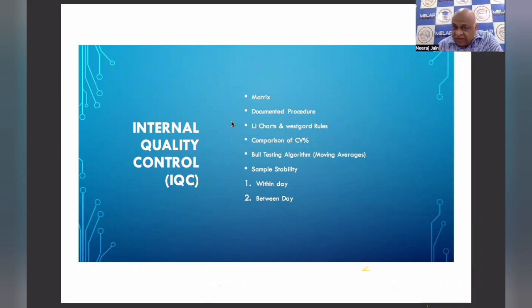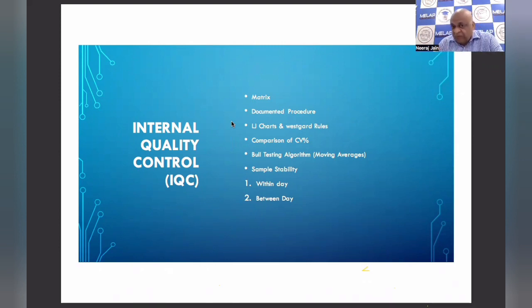Bull's testing algorithm. Bull is the name of the person who developed this system. And this is applicable in your hematology. He said you are running patient samples, hemoglobin, TLC, RBC, platelet, these quantitative parameters, their average should not vary significantly over time.